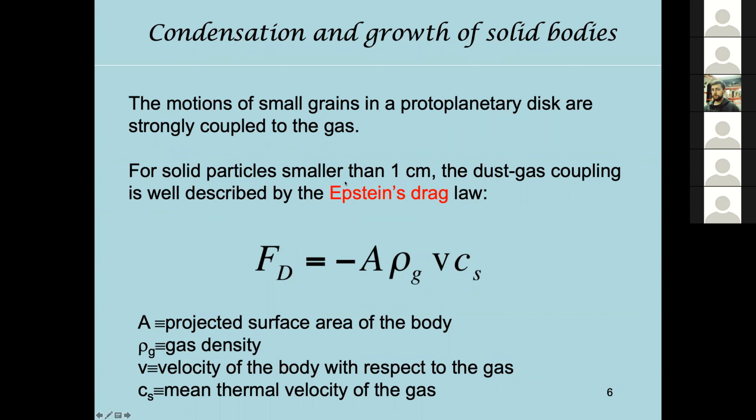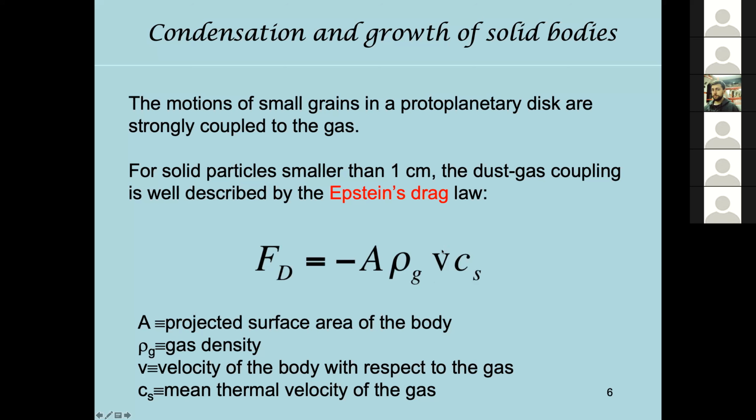in case we are staying within 1 centimeter, so solid particles smaller than up to 1 centimeter, the dust-gas coupling is described by this equation here, which is the drag force, also called the Epstein's drag. This law gives you a drag force that is equal to A, the projected surface area of the body, rho g, the gas density, and the velocity of the body with respect to the gas.